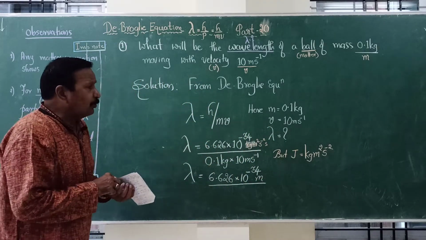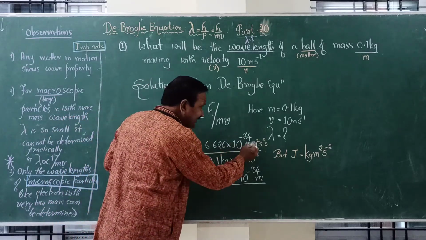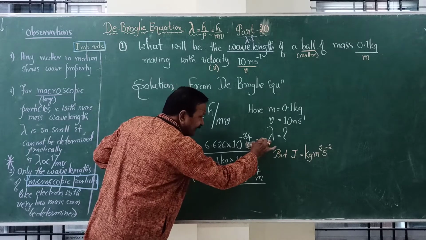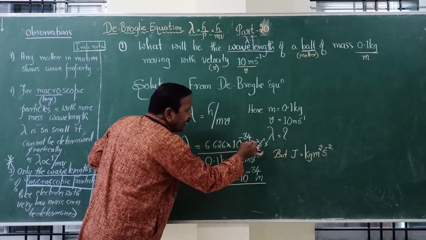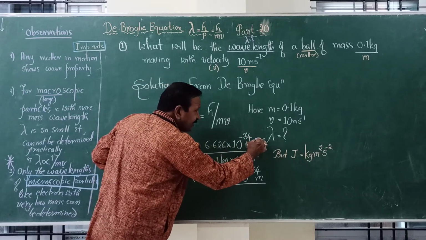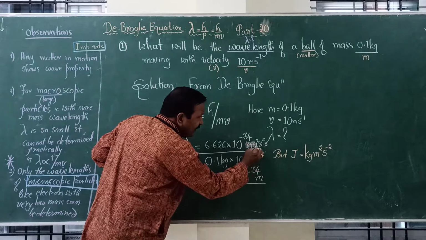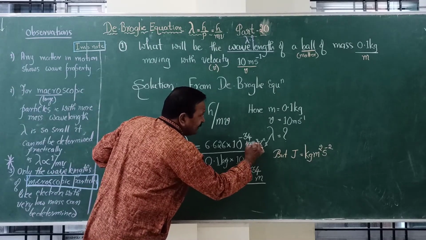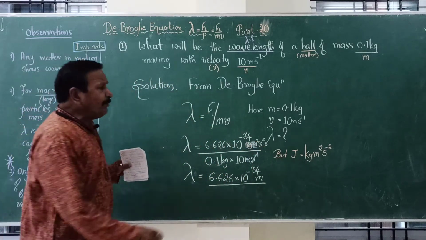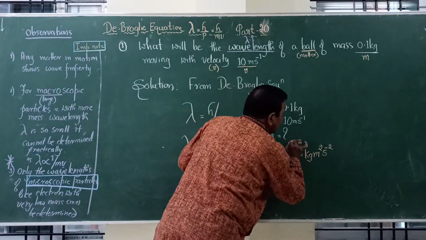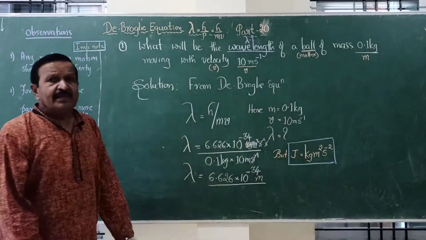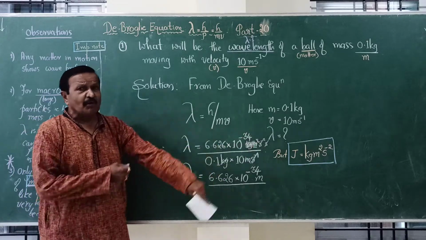So joule second, the per second cancels with this, kg will cancel with kg, and meter square will cancel with 1 meter here, so the meter remains here. So you have to remember that joule is kg meter square second to the power of minus 2.